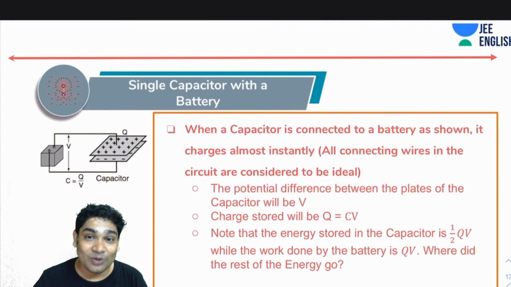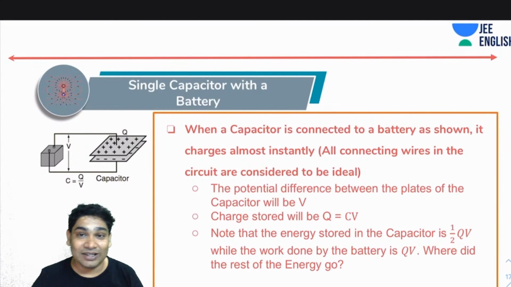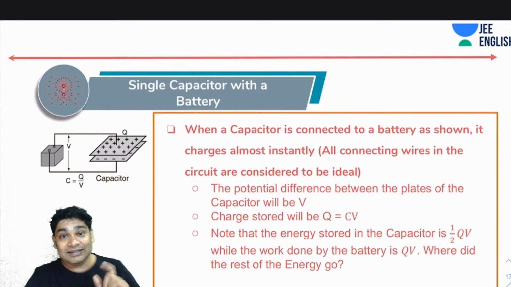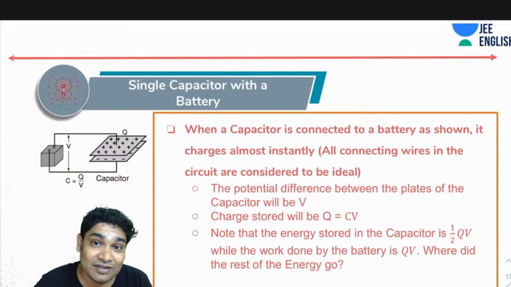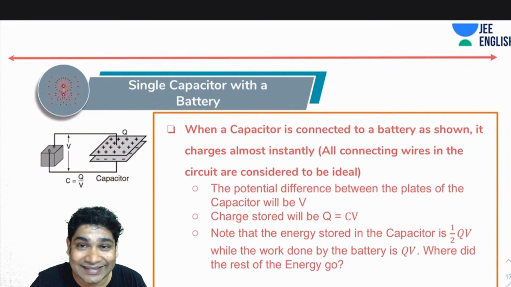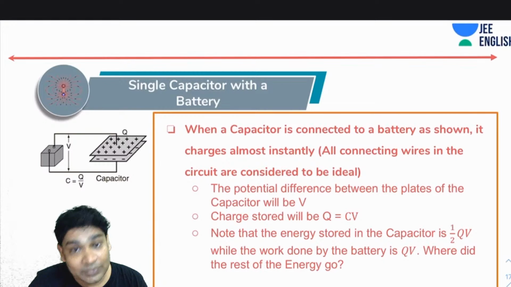I'm sure you know because you keep charging your phone all the time, and it takes a lot of time to get charged. A capacitor can get charged within a matter of a few milliseconds maybe, depending on how good your circuit is. So that is one advantage.